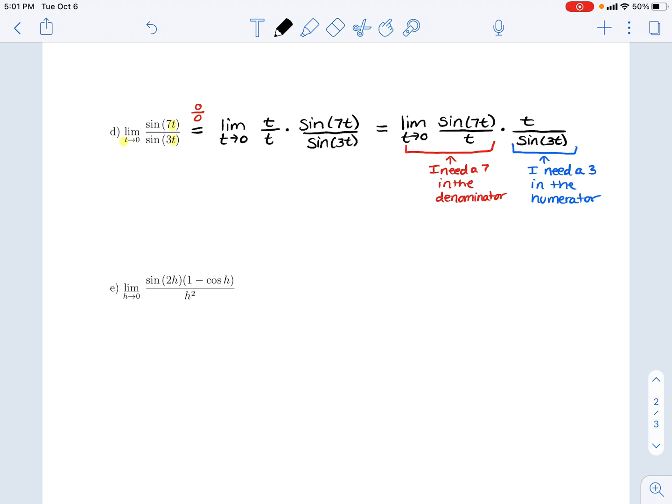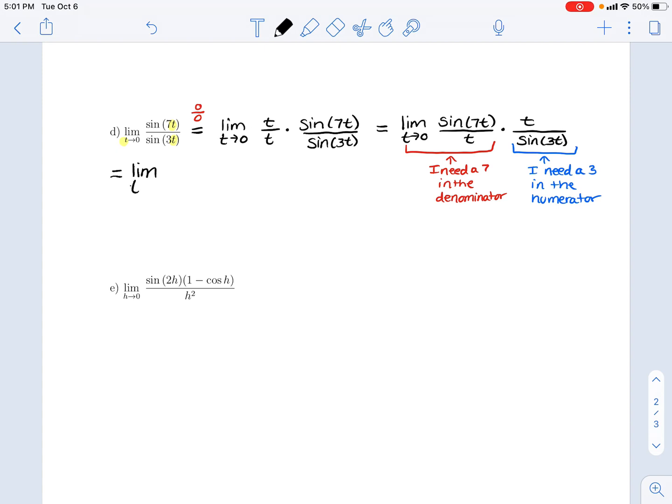So I can't do that. However, I can multiply by 7 over 7 and 3 over 3, right? Because I'm multiplying by 1 when I do that. 7 over 7 is just 1, and 3 over 3 is just 1. So that's the trick again, to magically rewrite 1 somehow so that it works out for us. So I'm going to do that.